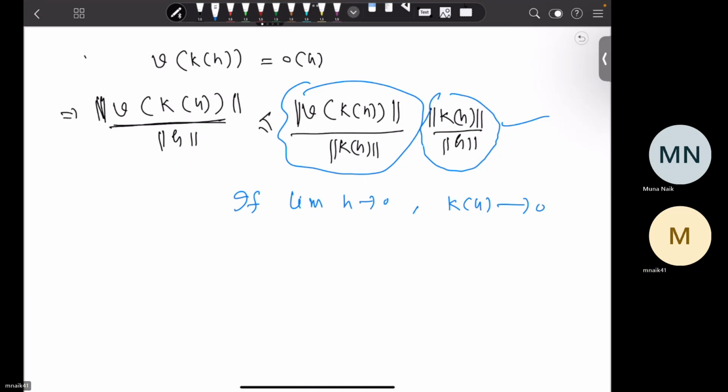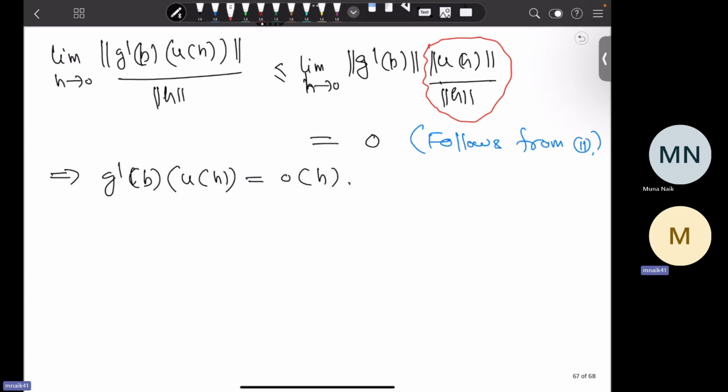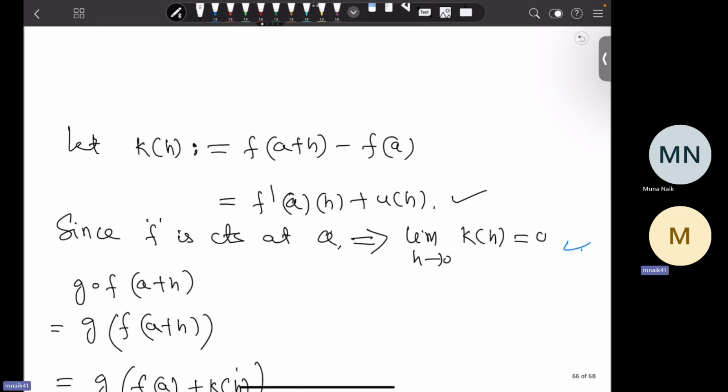Now let us see first this. What I have to show is that this is bounded, right? So first I have to show that norm of kh by h is bounded. So what is norm of kh?